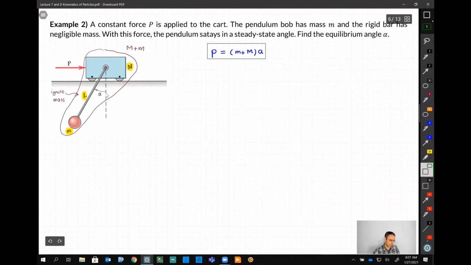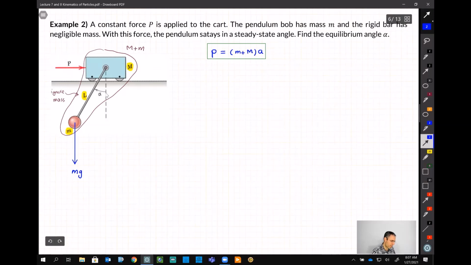Now I get inside these things and see what's going on inside. So I'll draw the free body diagram. For this mass m, it has a weight and it is mg. And what else do I have?